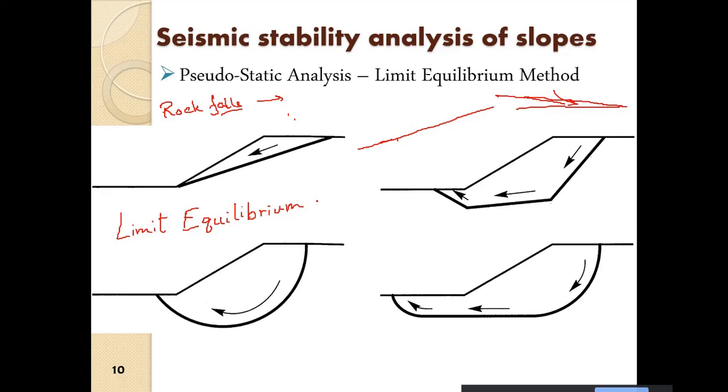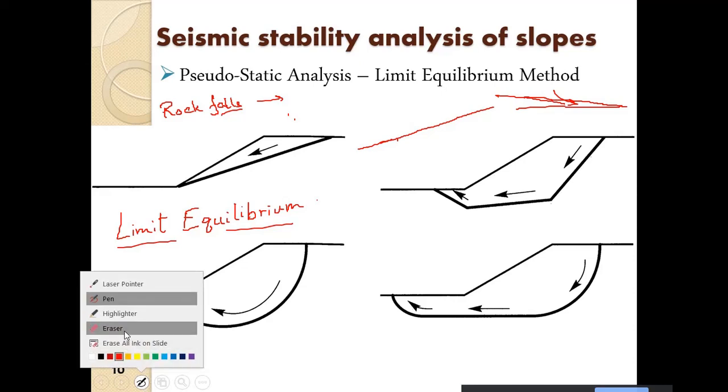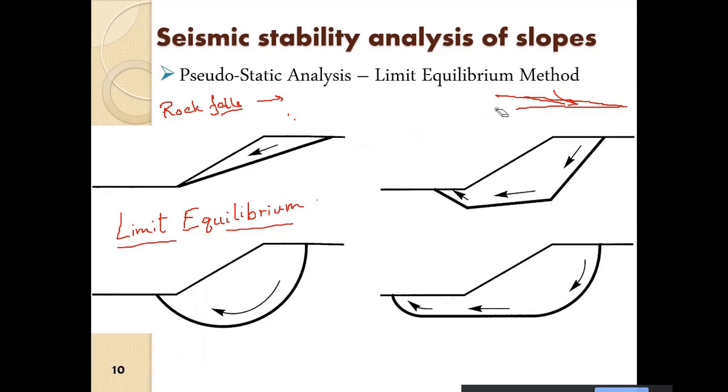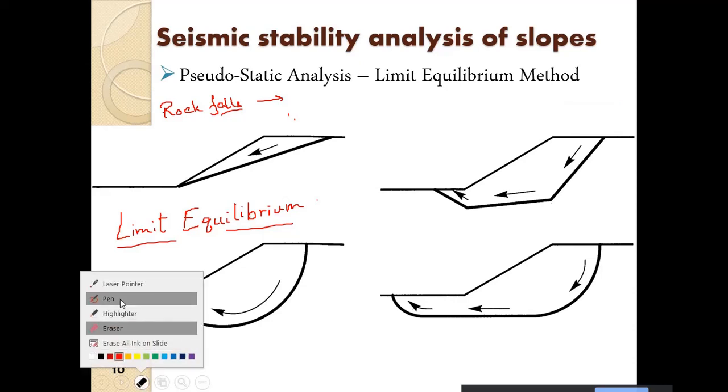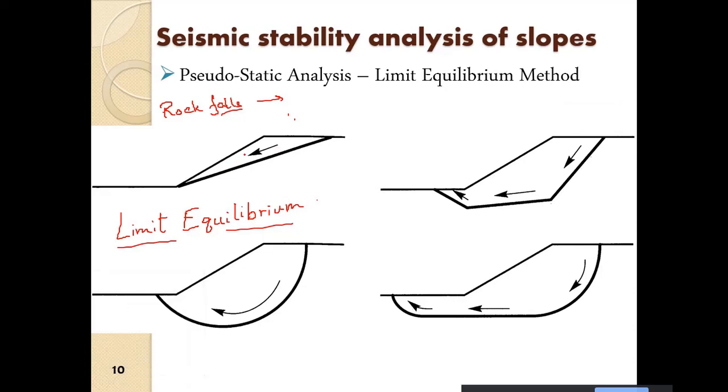So what is this limit equilibrium? We have a destabilizing force and a stabilizing force. If we consider this soil mass, it has a weight, which has a normal component and a tangential component.